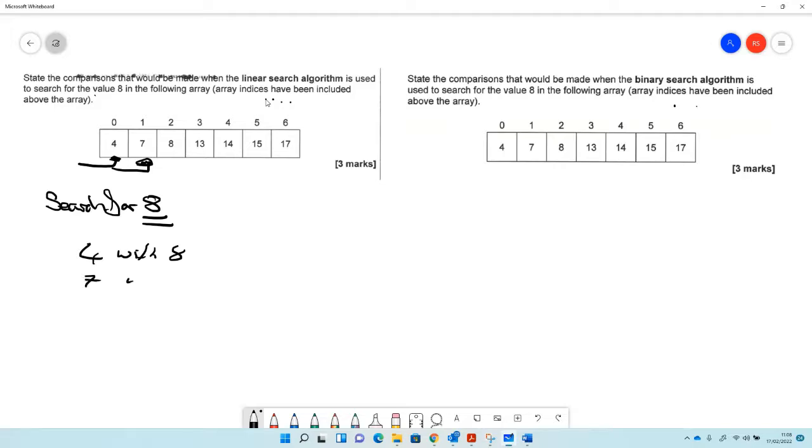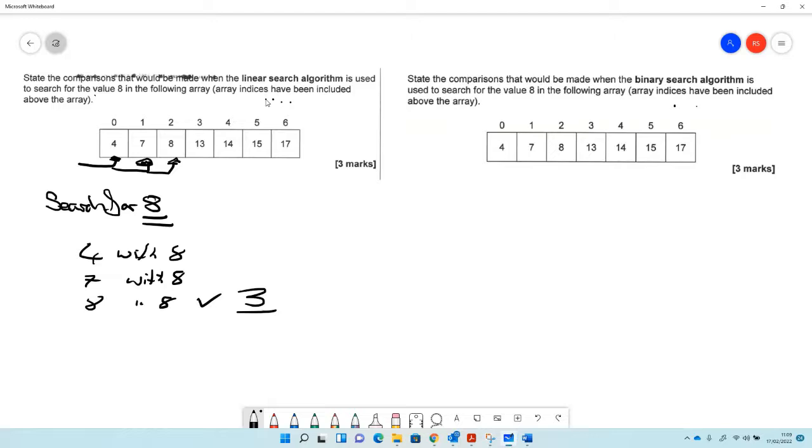We compare 7 with 8. And then we come along on the next value and we compare 8 with 8 and we find a match, and that means we found what we were looking for. So we took three searches, or 3 comparisons should we say, to find the value for linear search.